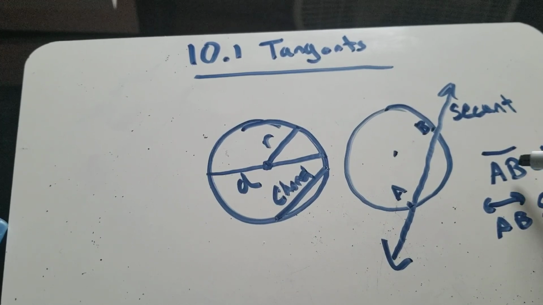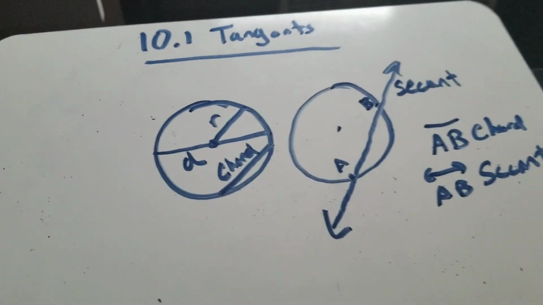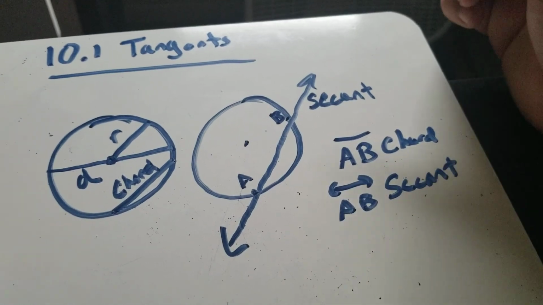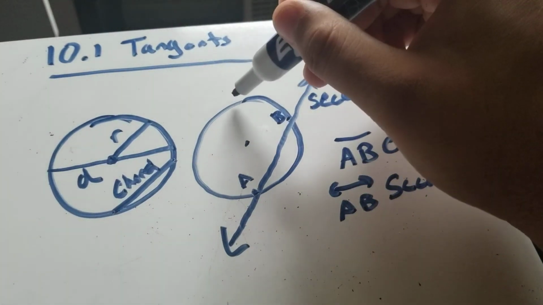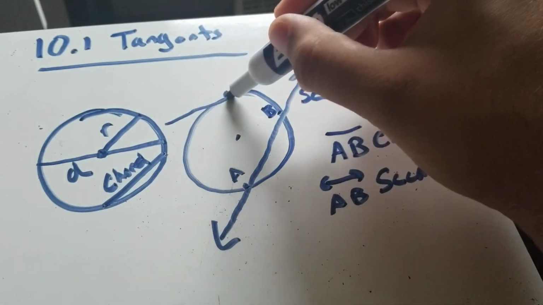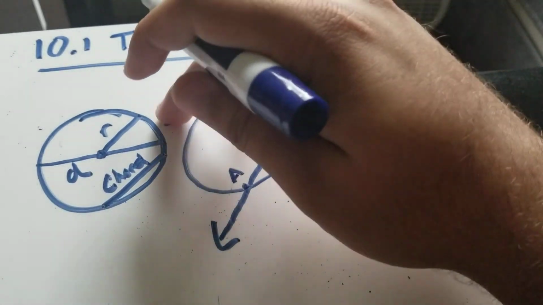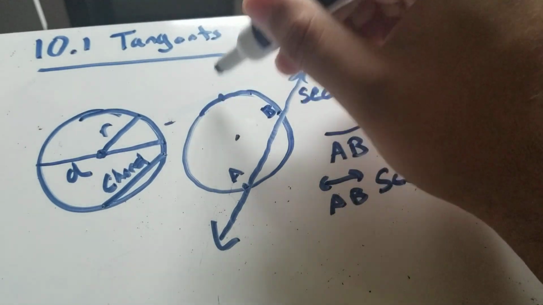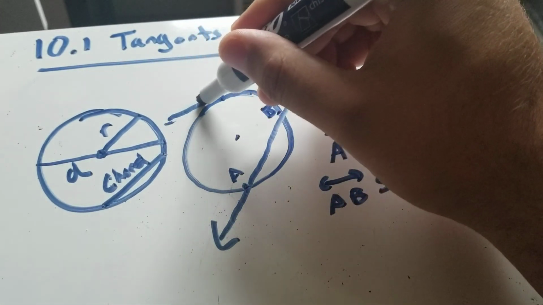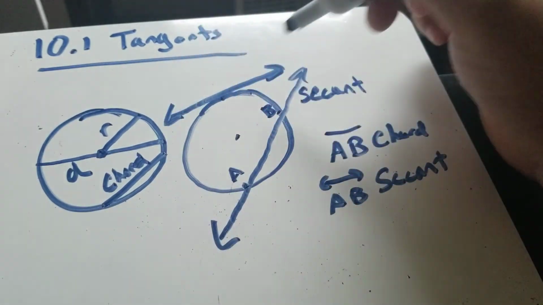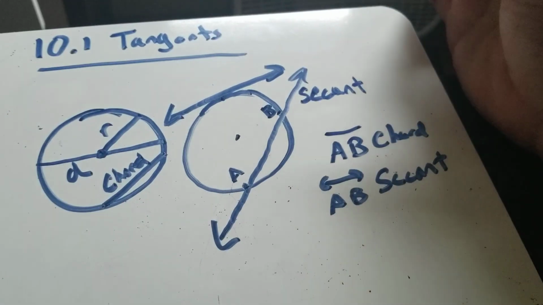So look at the difference. Line segment AB is a chord. Line AB is a secant. Next one, we have a line that hits the circle exactly once, like it scrapes by it. This is the most important line we're learning about today.